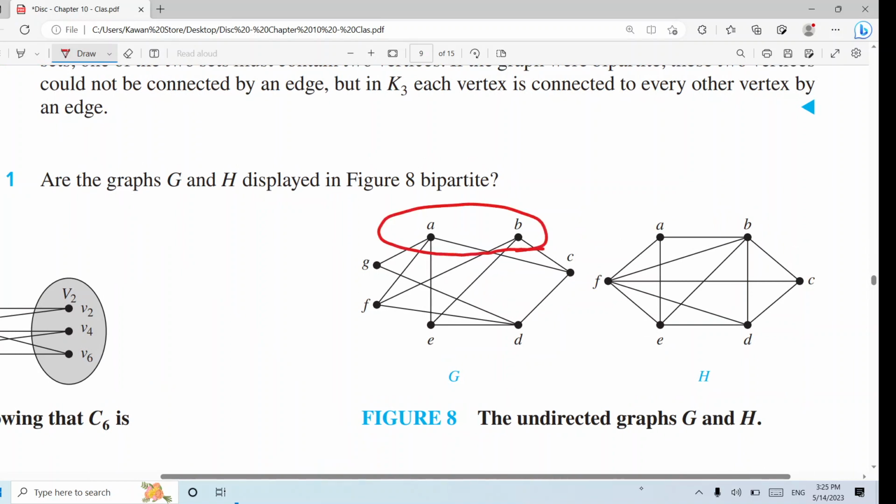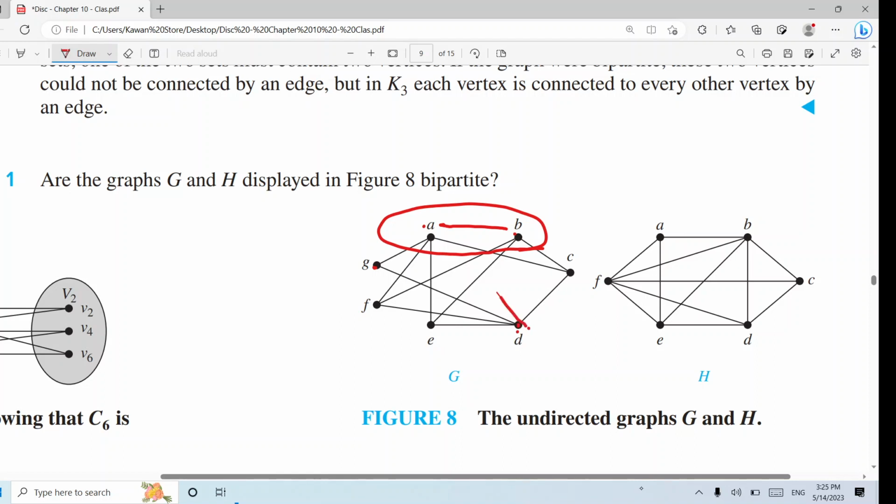Sure. Yes. Now A and B, did they connect? Direct connect? No. How about B and C? So B and C cannot be in the group. How about G? Cannot. How about F? Let me see. If I bring D up. G and F. How about D up, right?